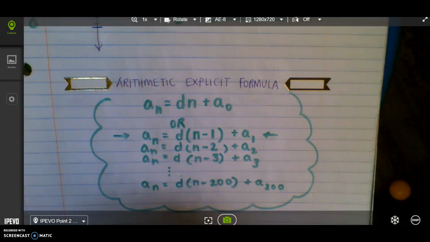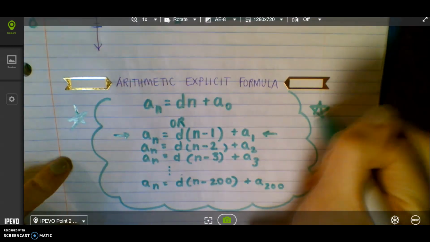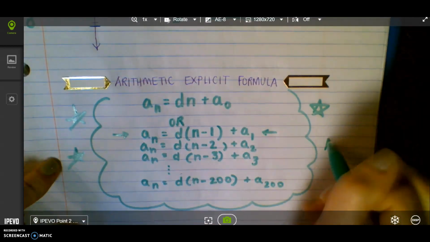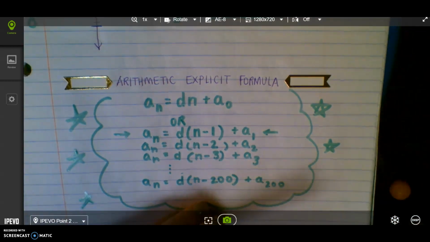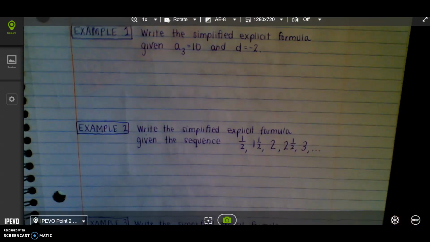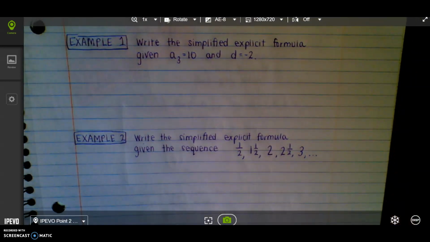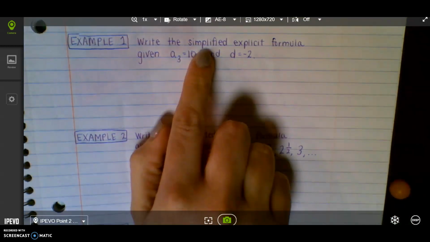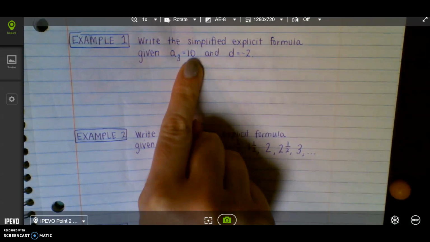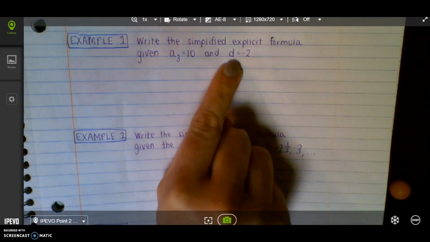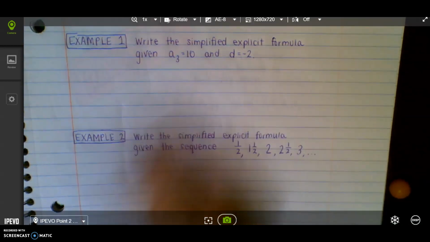So write this down, super important, put 5 stars around it, 10 stars around it, whatever you have to do. Arithmetic explicit formula. Now let's use it. I have 3 examples of how you're going to use the arithmetic explicit formula. Example 1. Write the simplified explicit formula given a sub 3 is 10 and the common difference is -2.